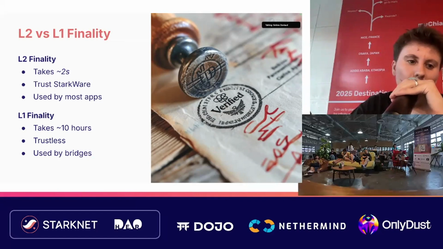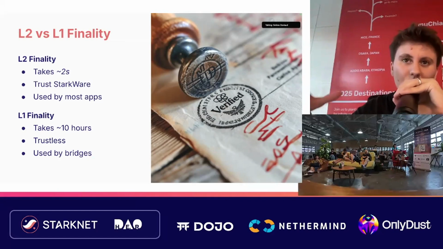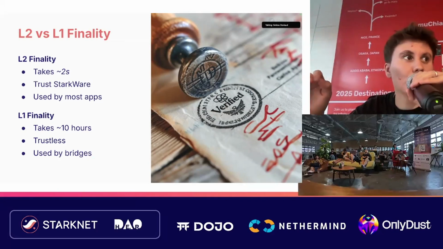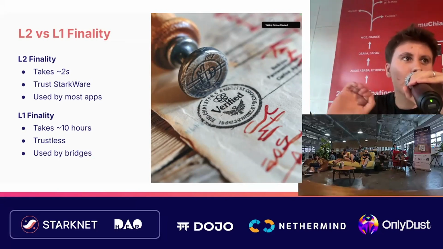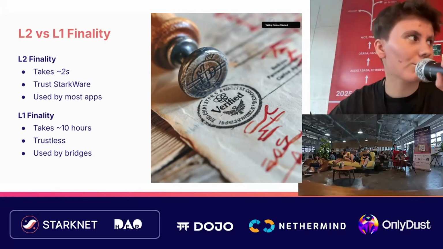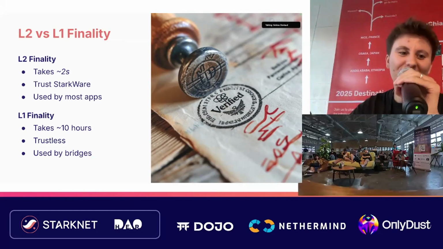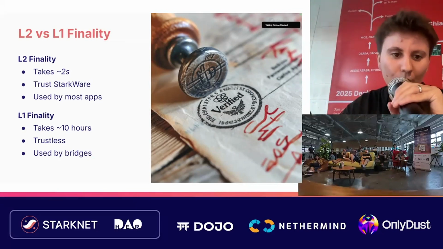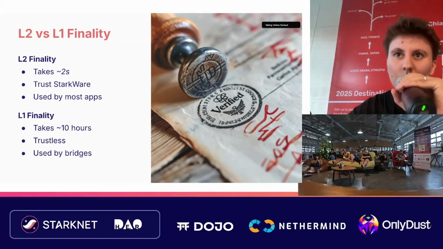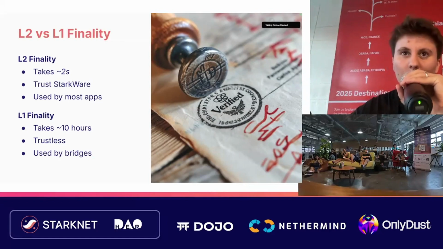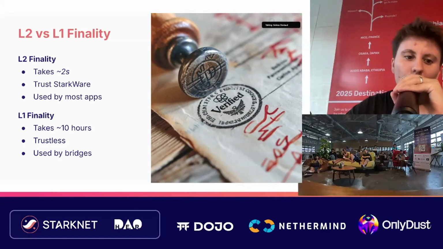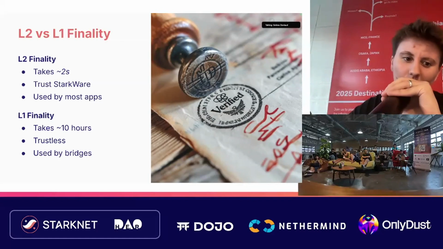On Starknet, it takes 2 seconds. Before, 1 month ago, it took about 10 seconds. Thanks to the last updates, the Starknet updates, right now it's 2 seconds. It's trusted by Starkware, who was in charge of these developments, and it's used by most applications on Starknet right now.